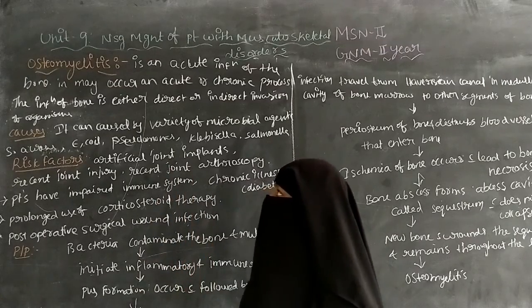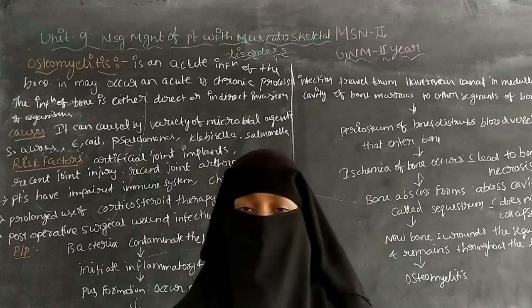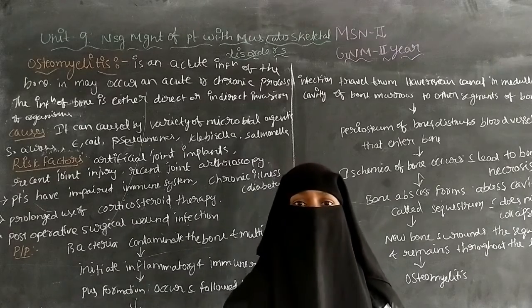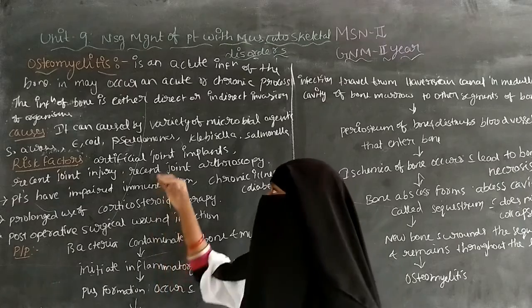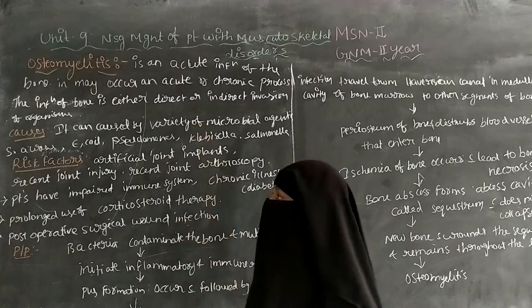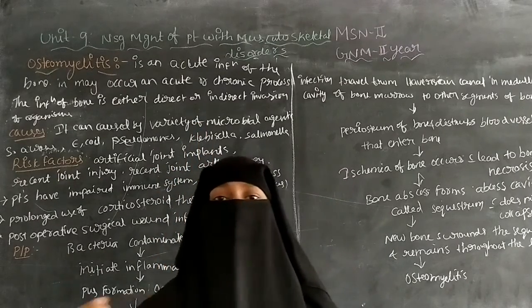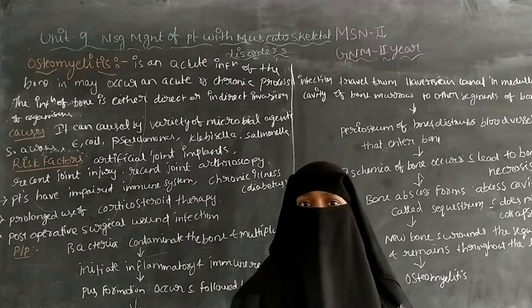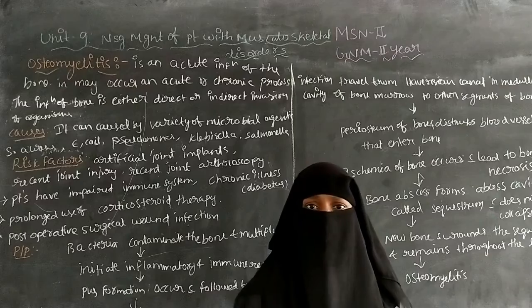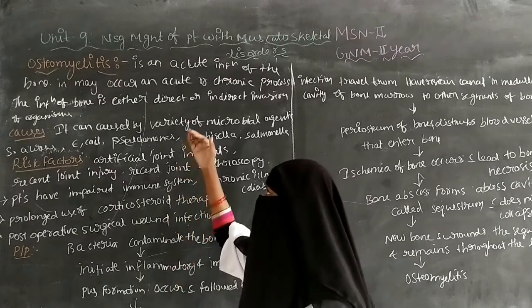Another definition of osteomyelitis is a pyogenic infection of the bone and surrounding tissues. Pyogenic infection means there is pus formation in the bones because of the infection.